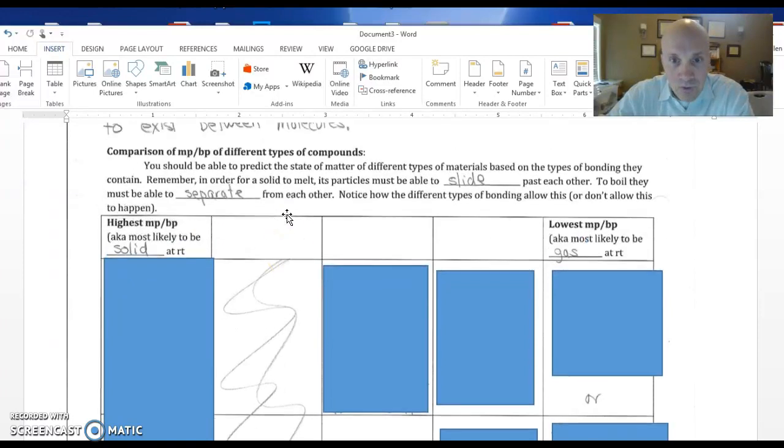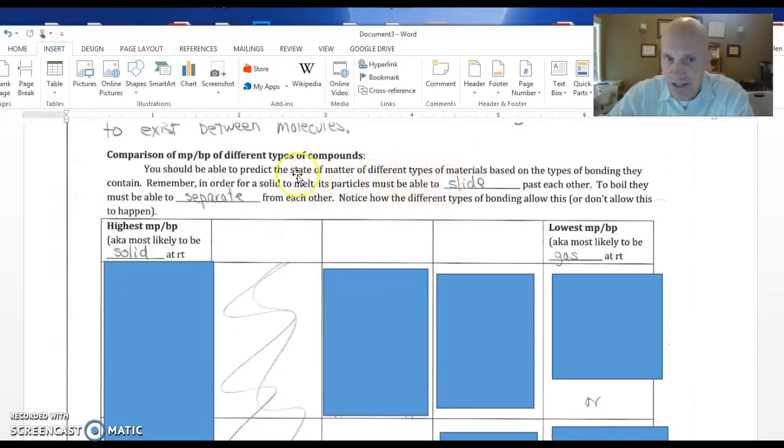So first of all, let's start by recalling that in order for a solid to melt, what has to happen is that its particles must be able to slide past each other. All right. In order for things to boil, the particles need to be able to separate from each other. Notice I say particles because that could mean either an atom or a molecule.